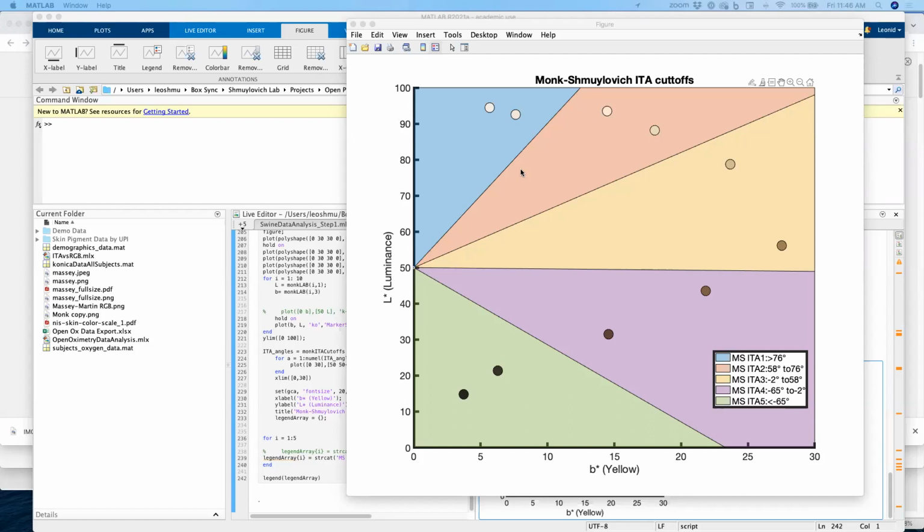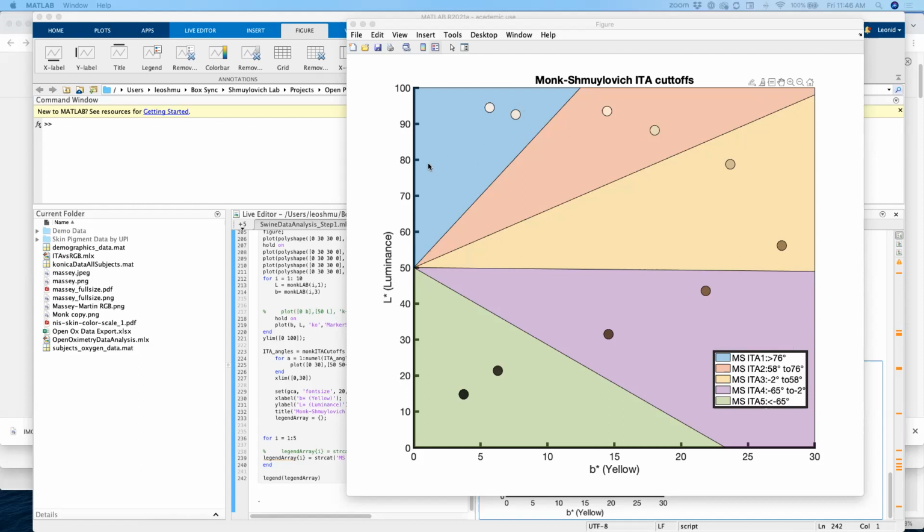But if we were to take something like the Monk scale, which has these 10 different color scales that are being used, as Ellis said, in a variety of different settings, we could come up with ITA cutoffs designed to ensure that there's equal distribution of Monk scales within those ITA cutoffs.